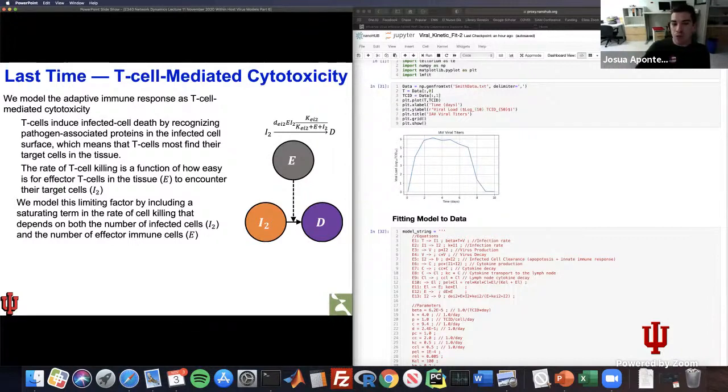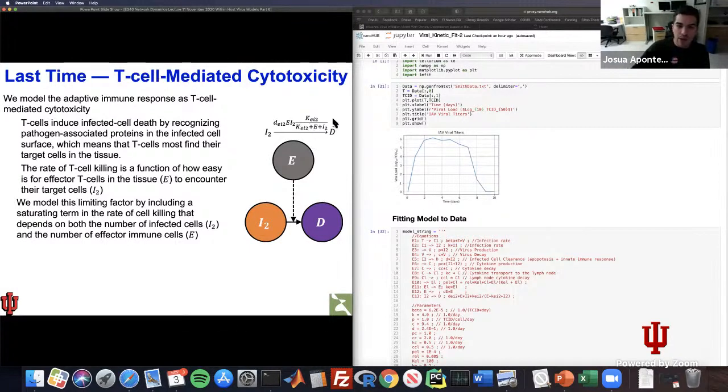If you have a small number of infected cells, it becomes harder for the T cells to find them. And if you have a small number of T cells, they can only kill at a particular rate, because they cannot kill faster than they encounter cells and induce apoptosis of those cells. So that was the idea of it.